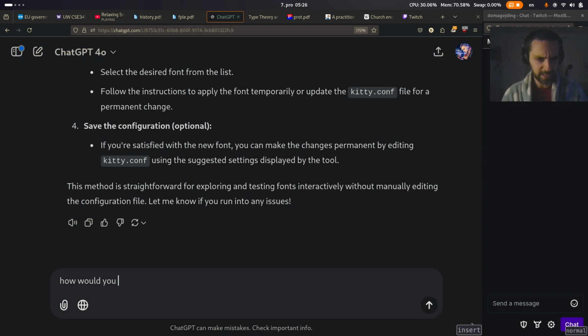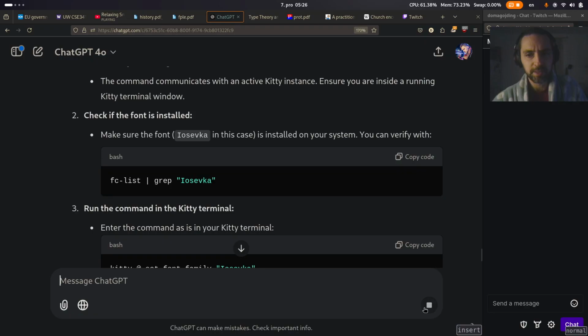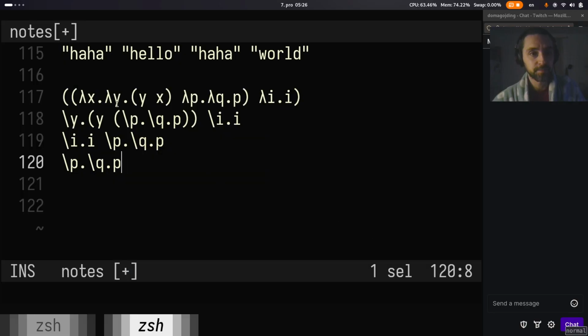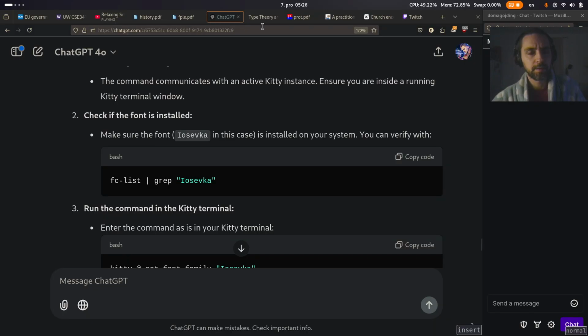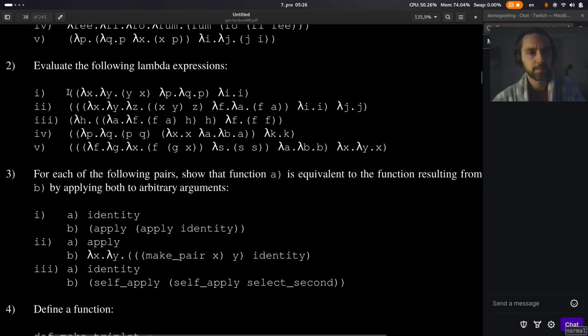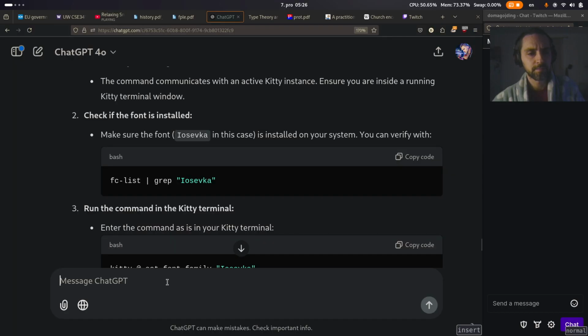How would you evaluate this? Oh, not this. Okay, sorry. Evaluate one of the following lambda expressions. I mean this.